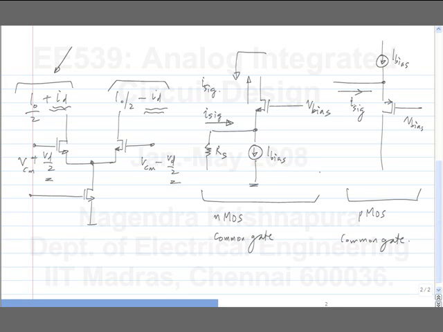Now, I can also use this. I just have to make the appropriate arrangement for bias. That's all. Okay. All I want is this I sig, that is this ID here, to flow through the common gate amplifier. I can do it for both cases. In PMOS case, I have to do a little more work to get the biasing arrangement correct. In NMOS case, I had to apply this bias and also add the signal.